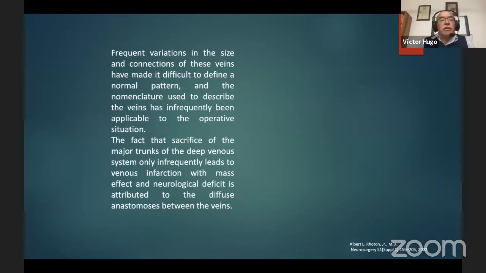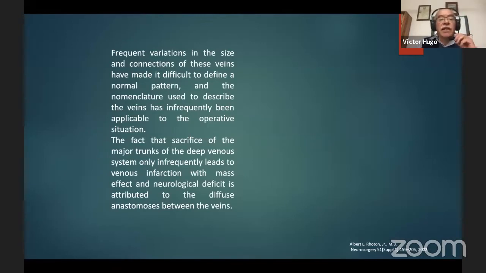I took some text of Albert Rhoton to explain the fantastic venous anatomy. Frequent variations in the size and connections of these veins have made it difficult to define a normal pattern, and the nomenclature used to describe the veins has infrequently been applicable to the operative situation.